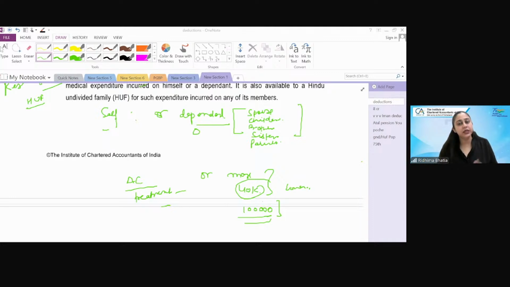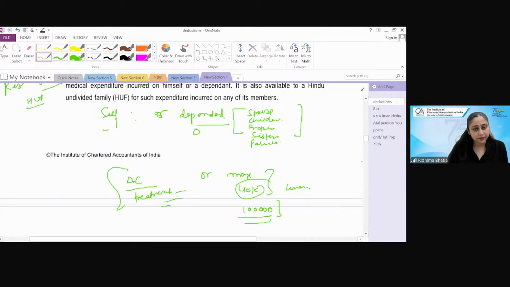So comparison is actual treatment same, but actual treatment of 1 lakh or actual treatment of 40,000 depending upon the person who is getting treated, उसका age. Obviously because अगर senior citizen होगा खर्चा ज्यादा है. 80DD has a flat limit, but 80DDB has an expenditure comparison limit.